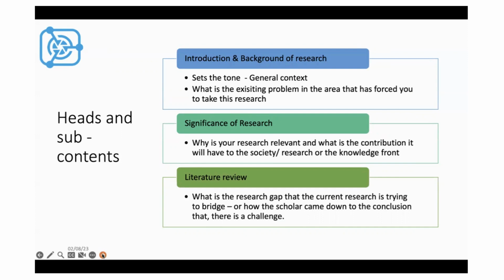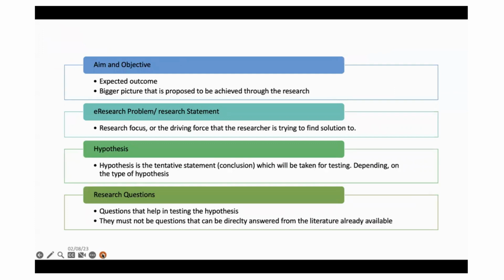Thereafter, the scholar moves to the research methodology part, which on a broader front covers the following areas. The first one would be the aim and objective, which in short provides the expected outcome that the scholar would have by the end of the research. Please keep in mind that this is distinguished from being a personally biased research.